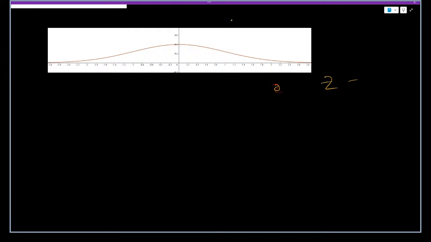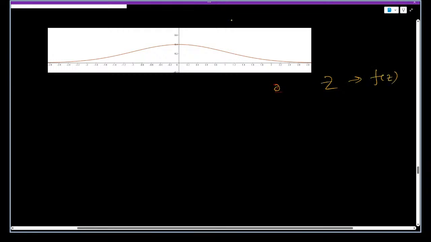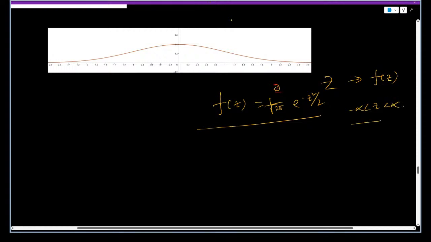What does f(z) stand for? f(z) stands for 1 by root 2 pi e to the power minus z square by 2, where Z is between minus infinity and infinity. This graph is there.